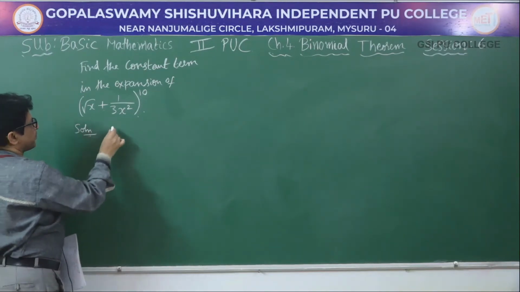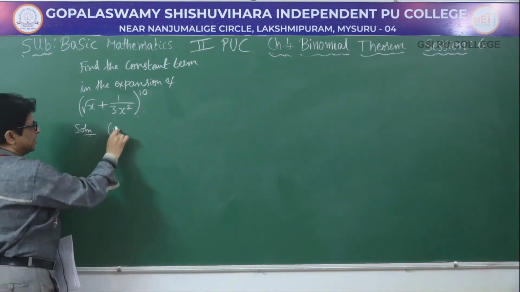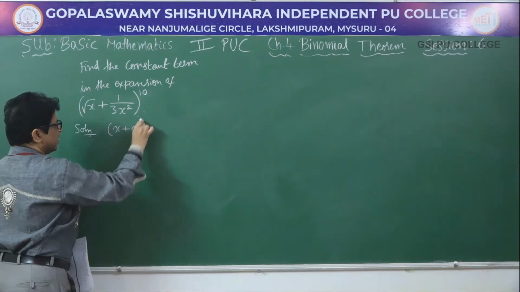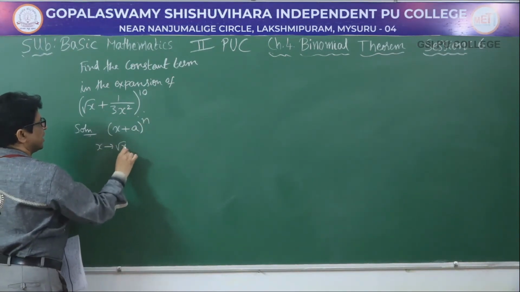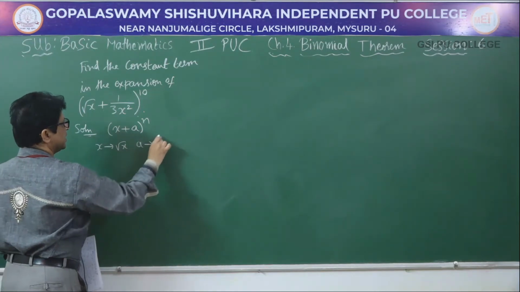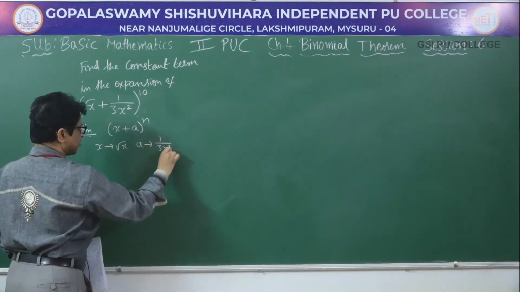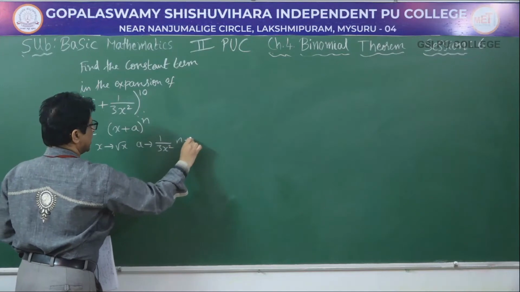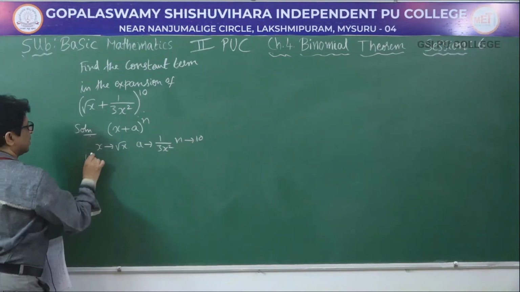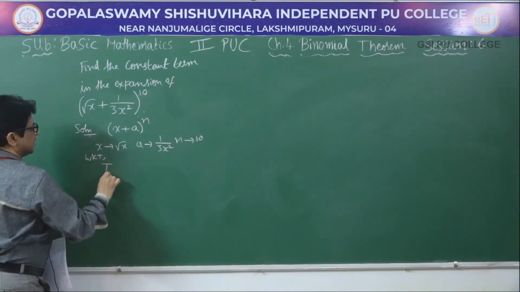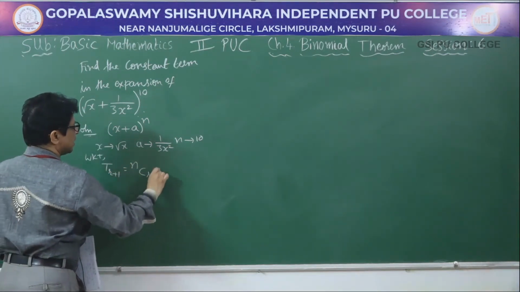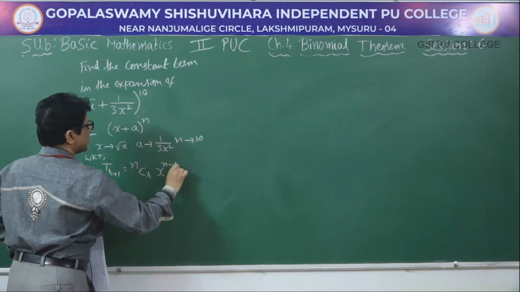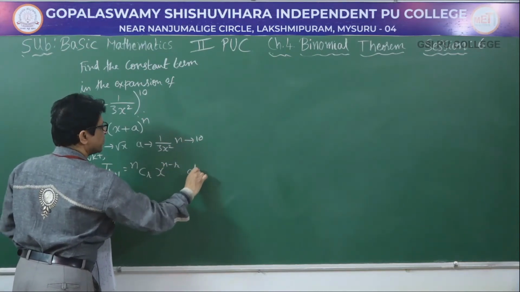Solution. Comparing the given problem with (x + a) whole power n, we have x is root x, a is 1 by 3x square and n is 10. We know that T(r+1) is equal to nCr into x power n minus r into a power r.